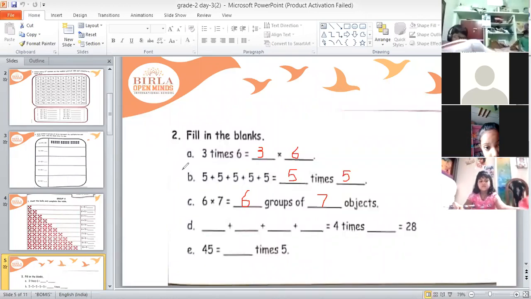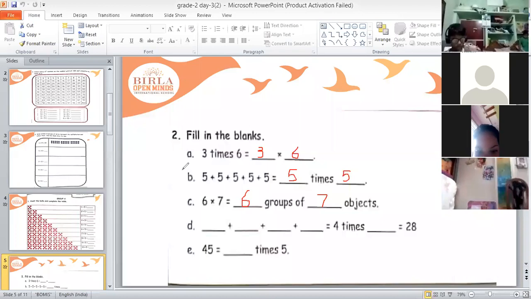Yes, Devansh. Unmute yourself, Devansh. Yeah, start the 4 table. Devansh, please start. 4 ones are 4.